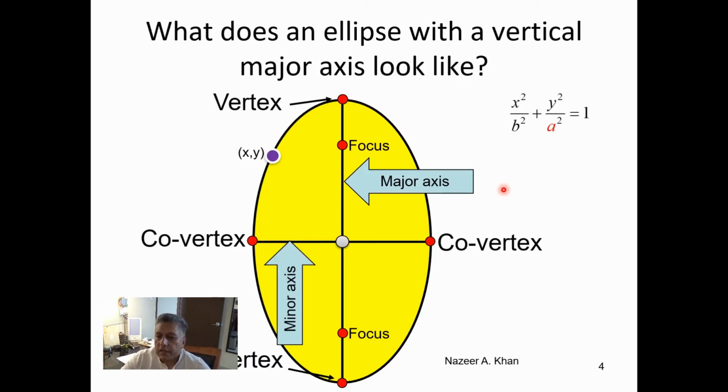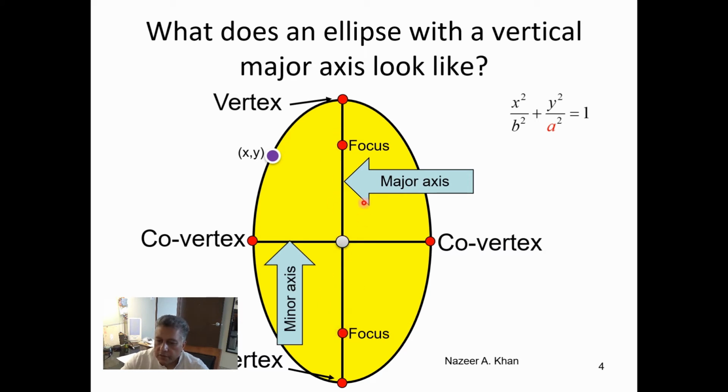Again, when we look at the parts of the ellipse, we have the center, we have the co-vertex and the vertex, which are along the major axis and along the minor axis. We have the two focus points, right?